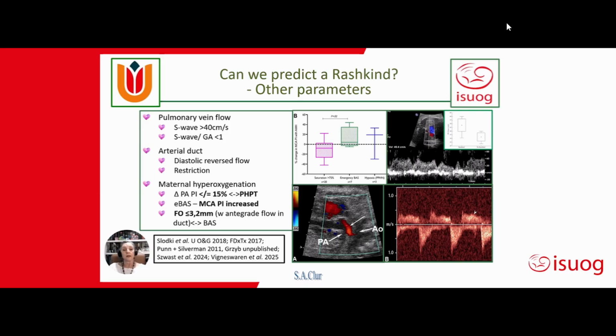An increase in the middle cerebral artery PI is associated with increased risk for emergency Rashkind procedure, and a foramen ovale less than 3 millimeters during maternal hyperoxygenation is associated with the requirement of a Rashkind procedure postnatally.